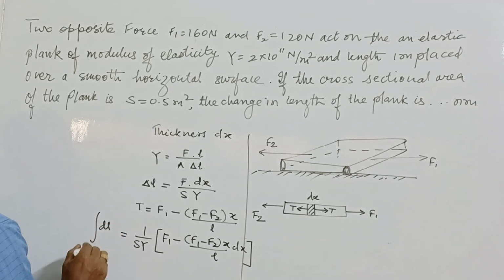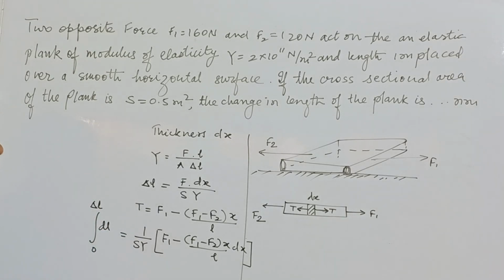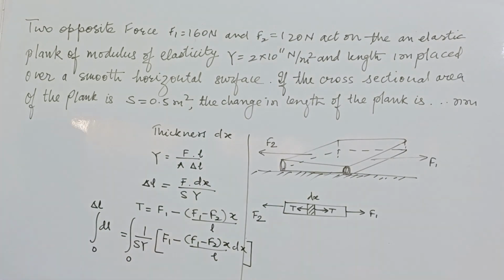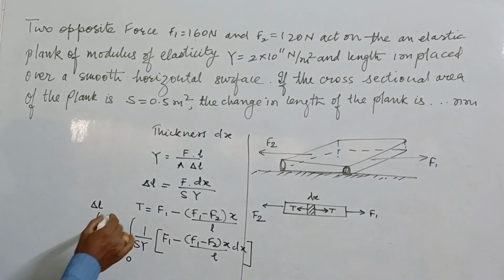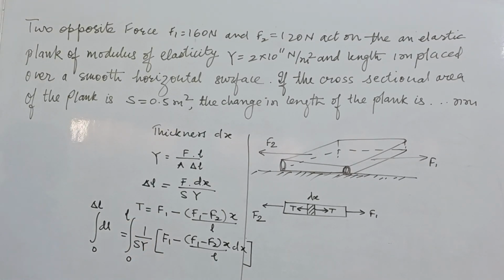So dl will be 0 to delta L, and we integrate it also from 0 to L. Delta L is the change in the length of the plank.